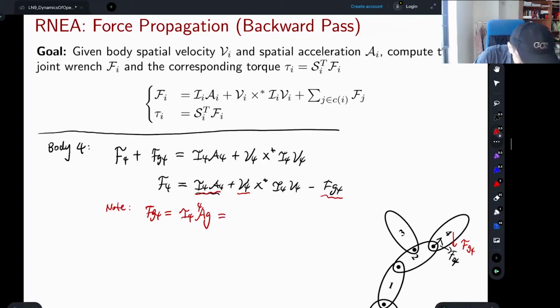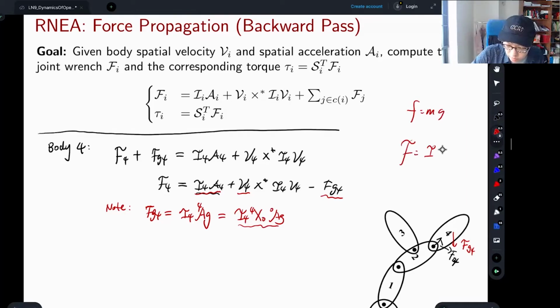And then we can use the transform X0 to 4 of Ag in 0, supposing we have an inertial frame to describe the gravity field. That would be my notation sometimes. Okay, so F equals mg in spatial algebra. This one is I times Ag.